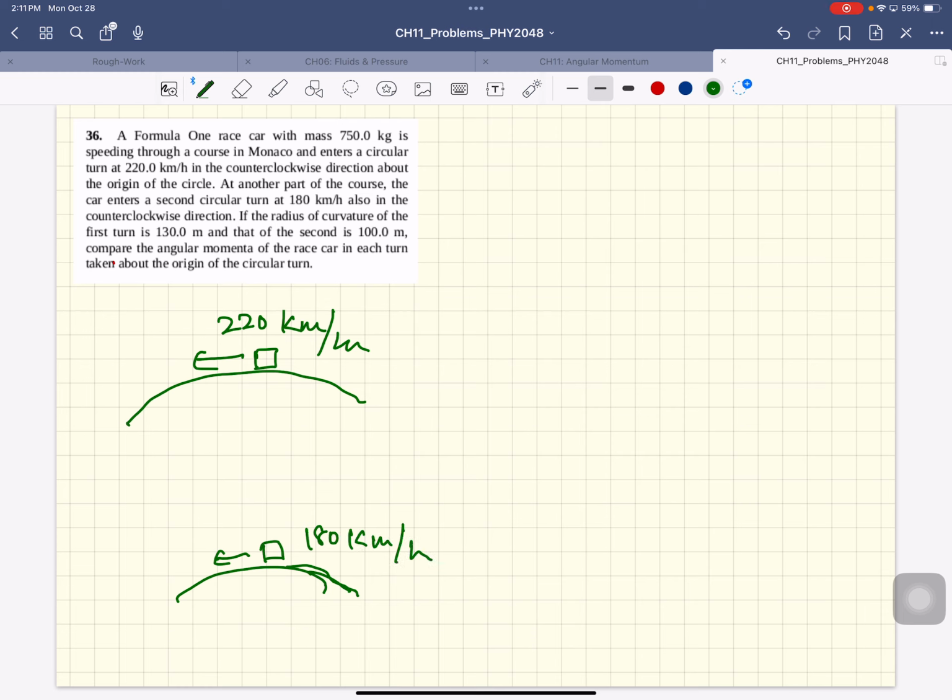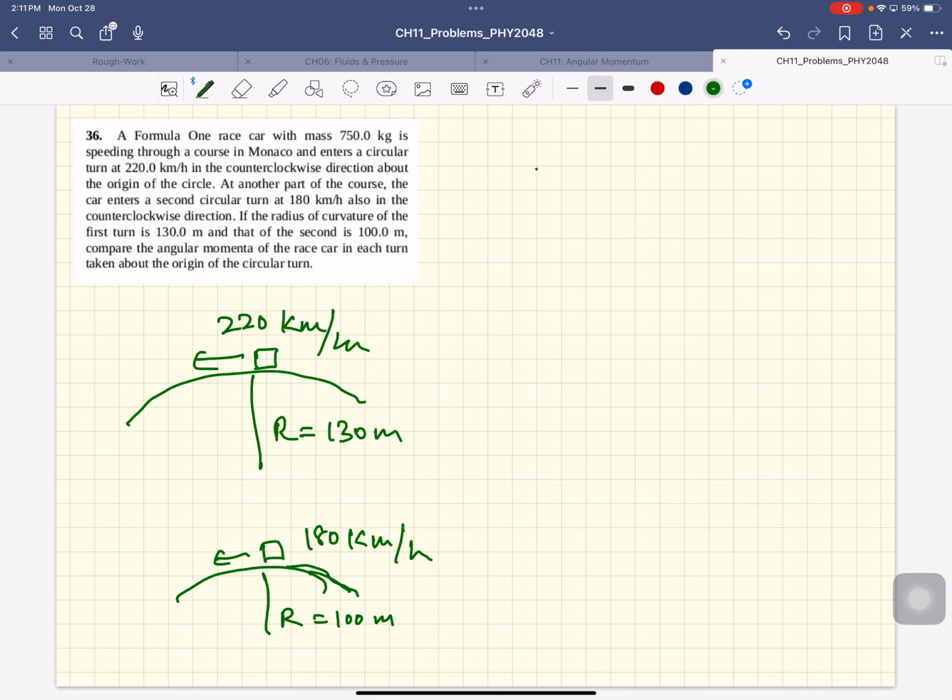The first turn's radius is 130 meters, and the second radius is 100 meters. Compare the angular momentum of the race car in each turn about the origin. Okay, the angular momentum.